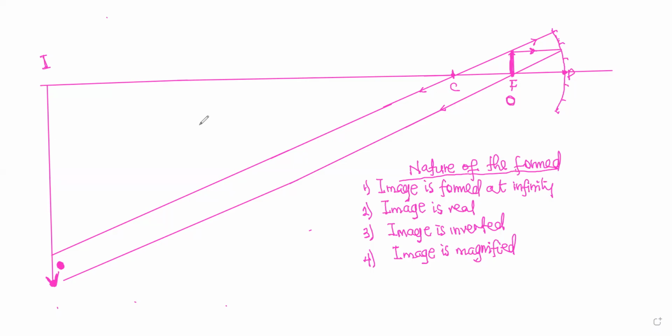So if somebody asks you to explain why those observations, these are the reasons or the characteristics.